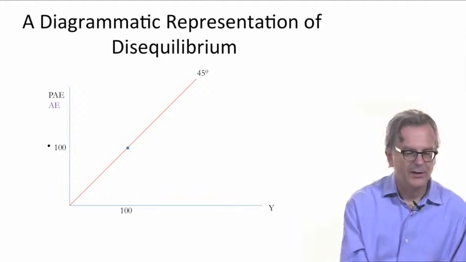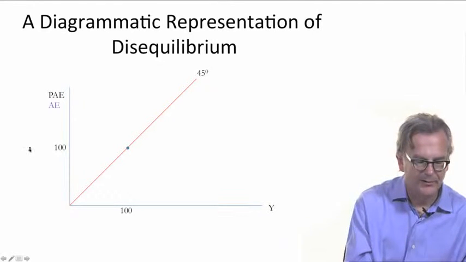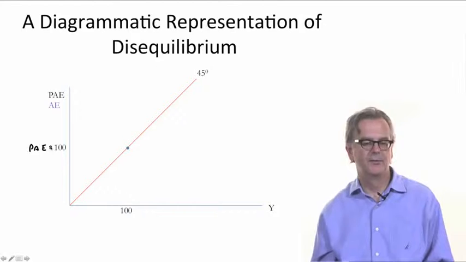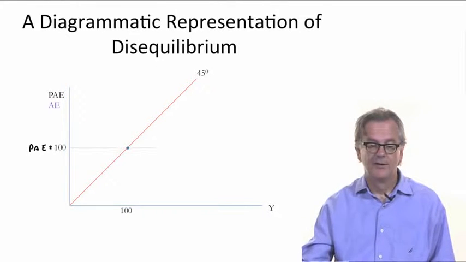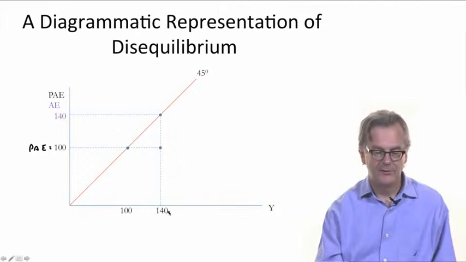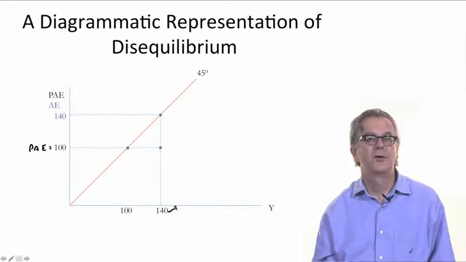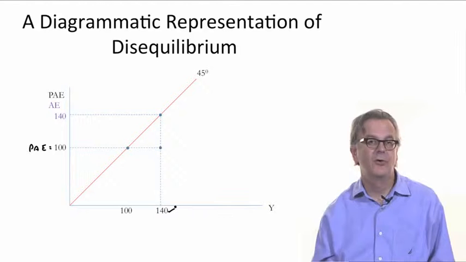So let's suppose that our sectors in the economy have collectively decided over this period that their planned aggregate spending will be equal to 100, as before in our previous slide. The difference, however, is that we're now going to assume that firms in this economy, for whatever reason, are producing 140.